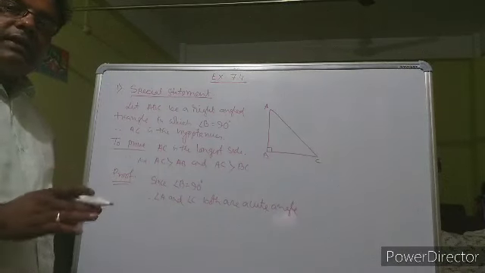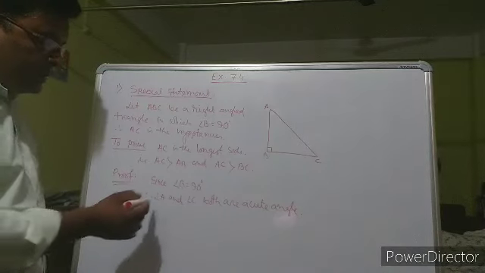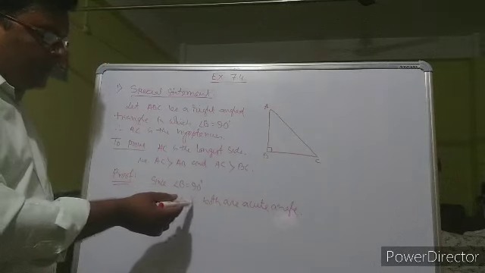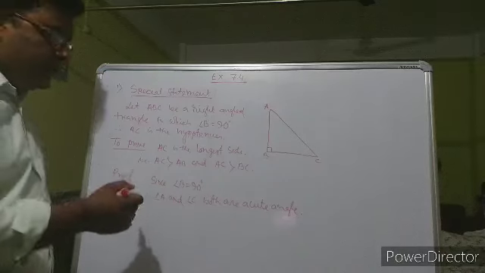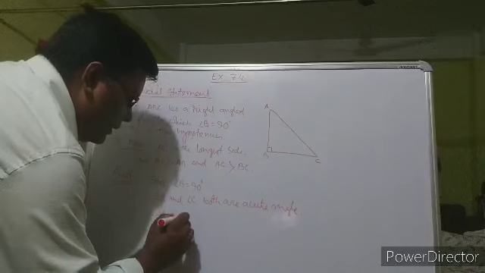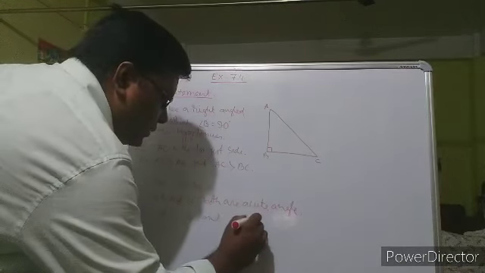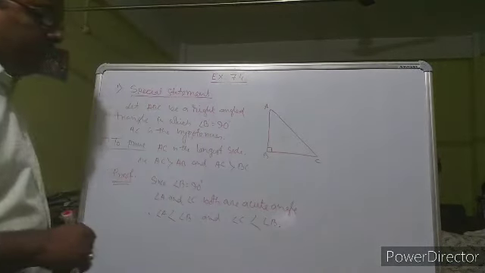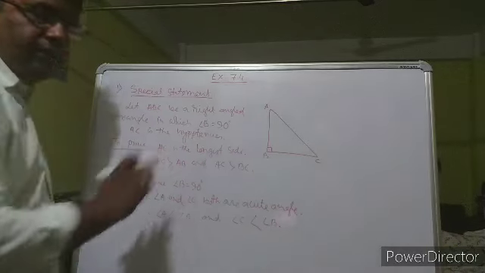That means each of them is individually less than 90 degree, that is, angle A and angle C are both acute. Therefore angle A is less than angle B and angle C is also less than angle B.